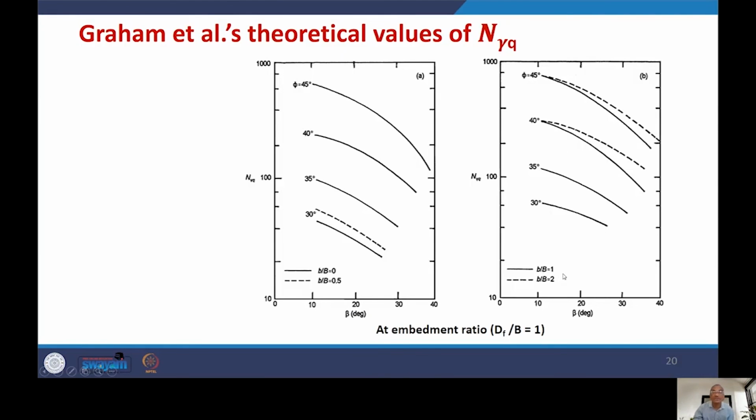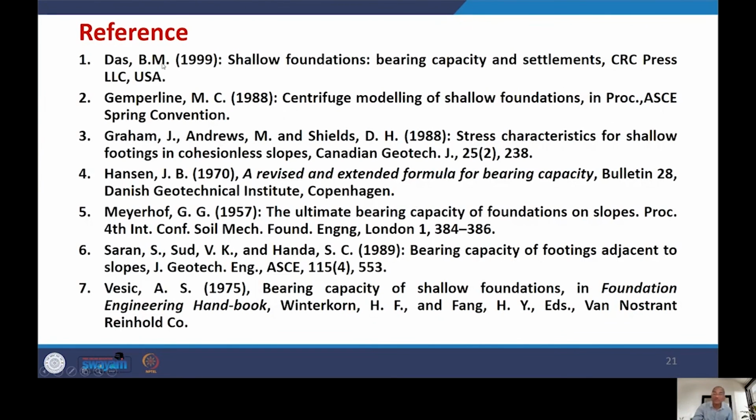Okay. So these are the list of references which we have used in this presentation. The first reference is a book by Professor Braja Das in the USA, titled Shallow Foundations: Bearing Capacity and Settlement, and this is a very good book. Then there is a paper on centrifugal modeling and tests for shallow foundations.